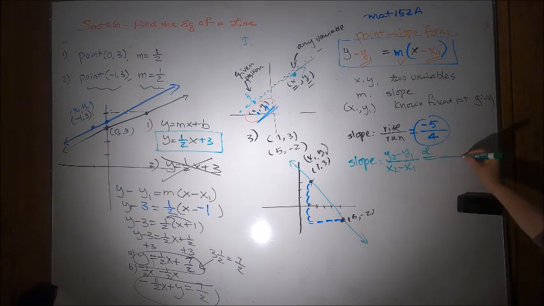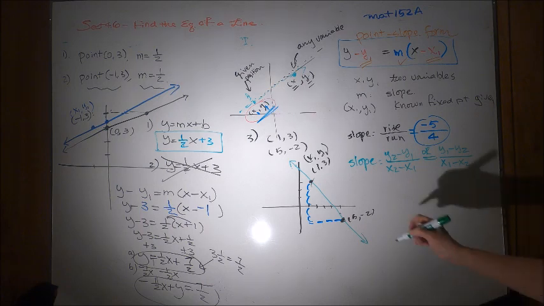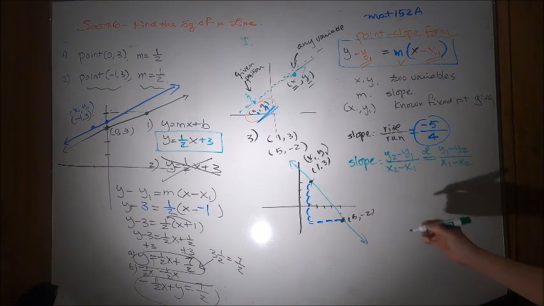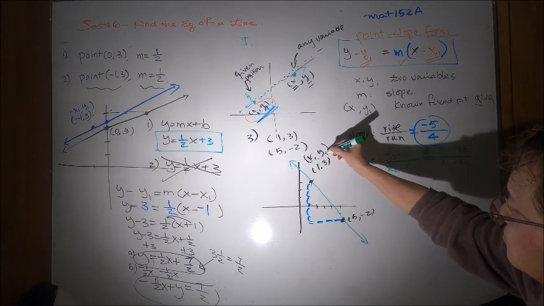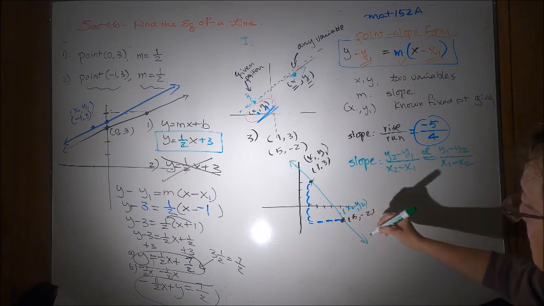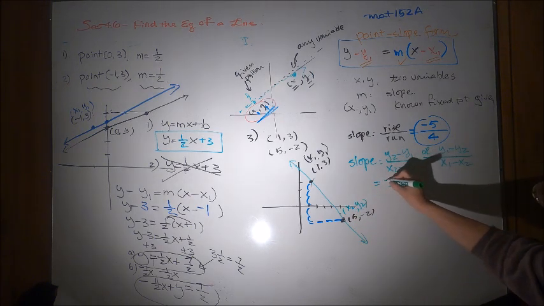Or we can do y1 minus y2 over x1 minus x2, right? You can use that to find it as well. If it's an easy one, you can just count it, right? So if this is x1, y1, this would be x2, y2, right?